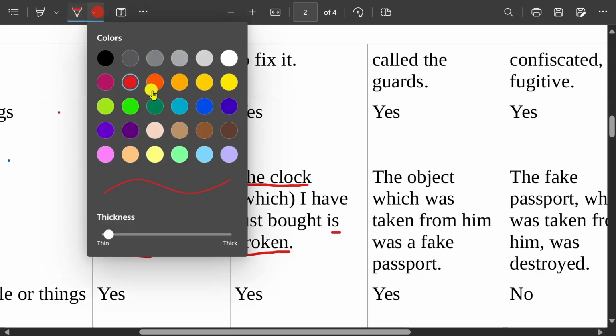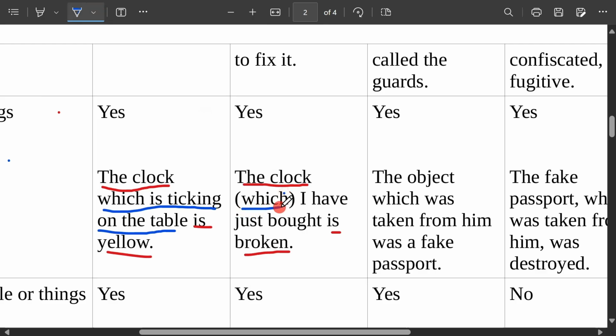Then we have the relative clause, which I have just bought. See, it's quite similar. The clock which I have just bought is broken. But here, which is not doing the action of buying, you see? I have just bought. What tense is this? I have bought. Have bought.